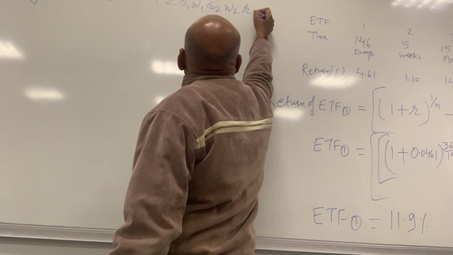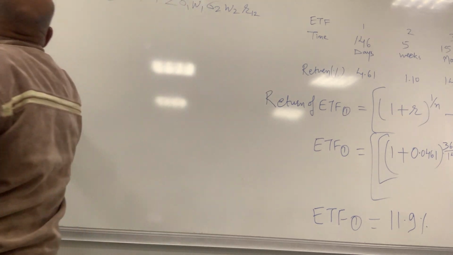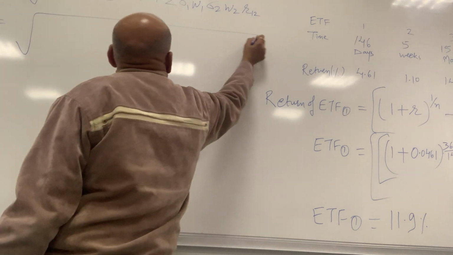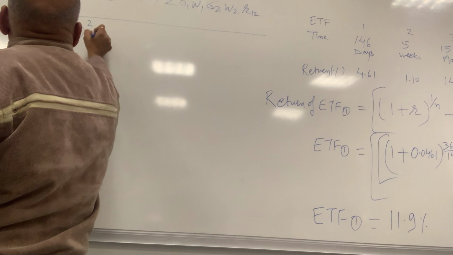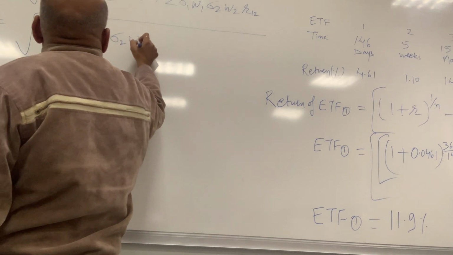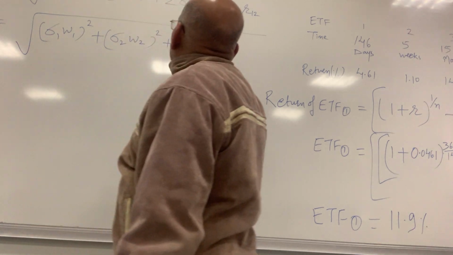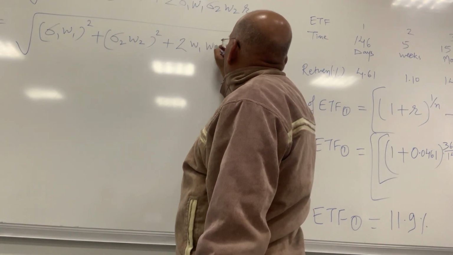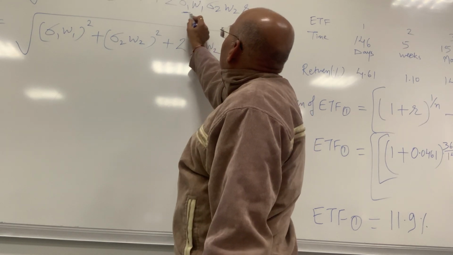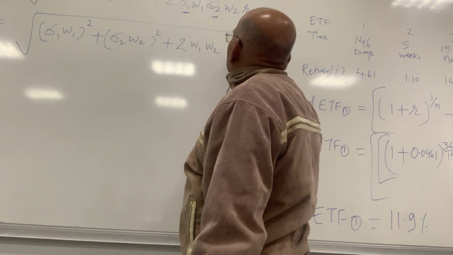R between 1 and 2, and we have one more formula, same: sigma 1 W1 square plus sigma 2 W2 square plus 2 W1 W2, and 3 things I am deleting: sigma 1, sigma 2 and R12.